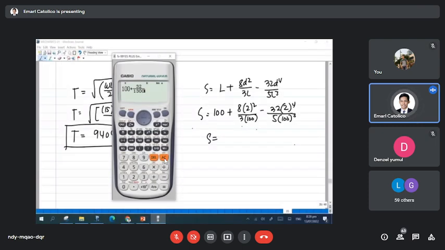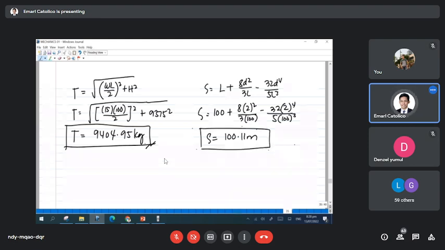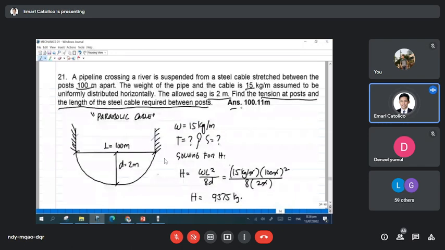Over 300, minus 32 times 2 raised to 4 over 5 times 100 raised to 3. Okay, so 100.11 meters. So, tama si S, matik, tama din si tension. Okay. So, yun, number 21.